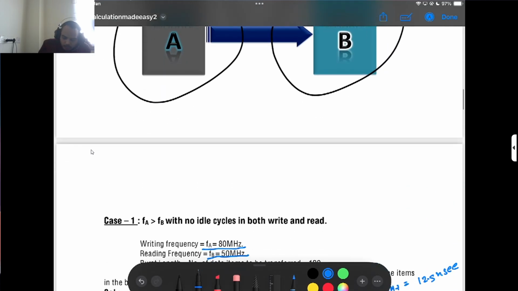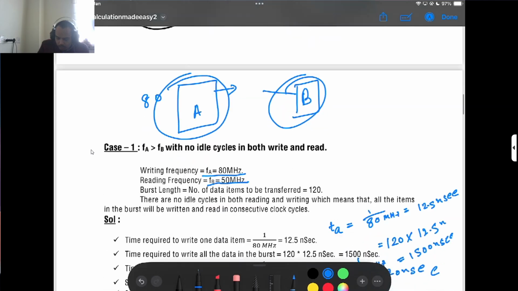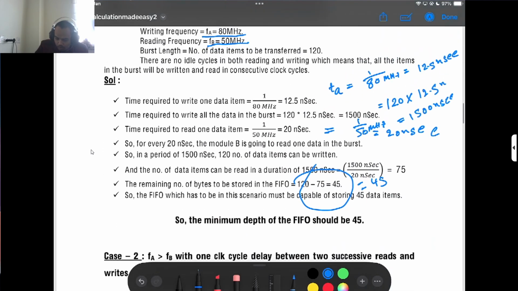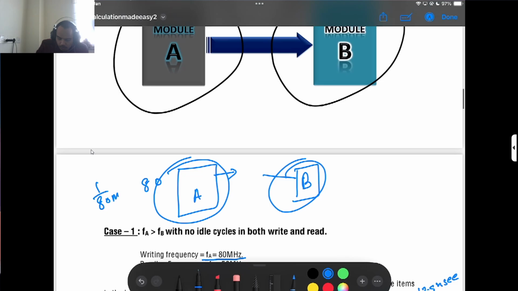The scenario was 80 megahertz, the writing speed of block A, and the reading speed of block B is 50 megahertz.